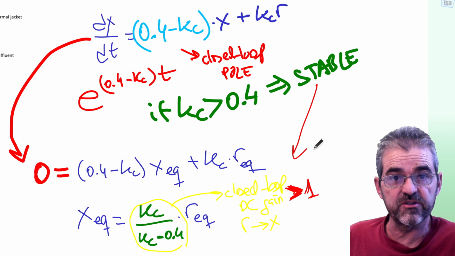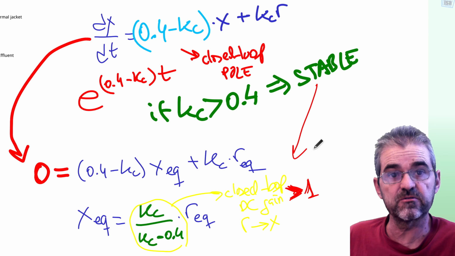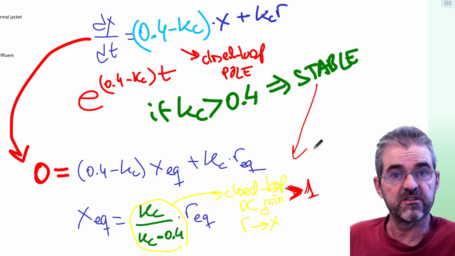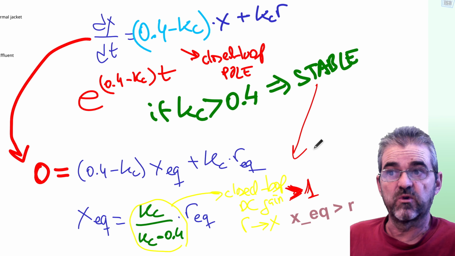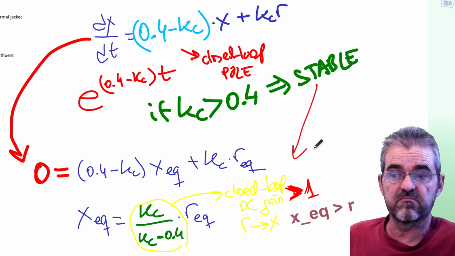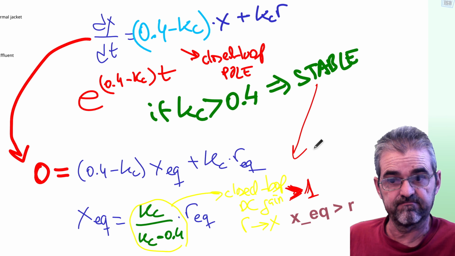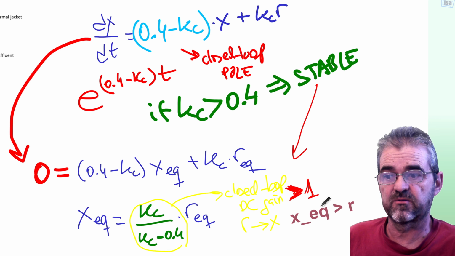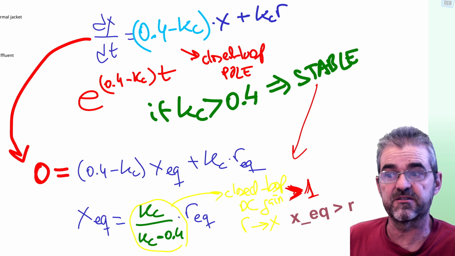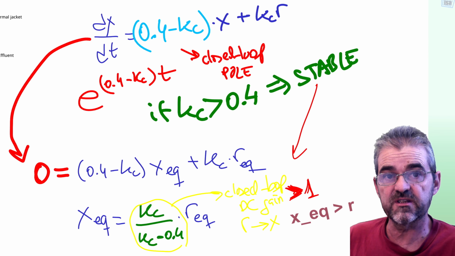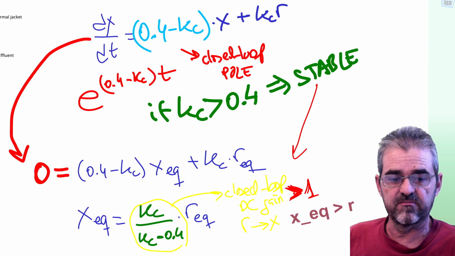So in operation, this bioreactor under proportional control will converge exponentially to a value of biomass that will be above the set point. If we take out our calculator, we'll see that the larger Kc is, the closer to the set point is, but it will be always above the desired value.